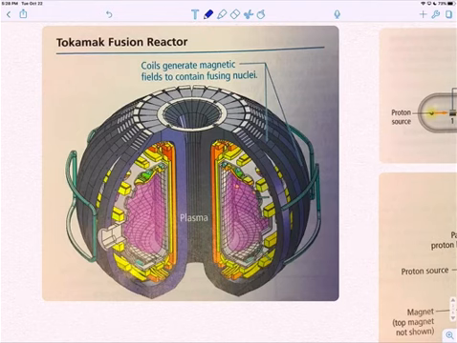They excite plasma and swirl it around, and as it's swirling around, they collide, and that causes nuclear fusion. The idea is they're trying to get a nuclear reactor that'll be self-sustaining and can generate energy this way.